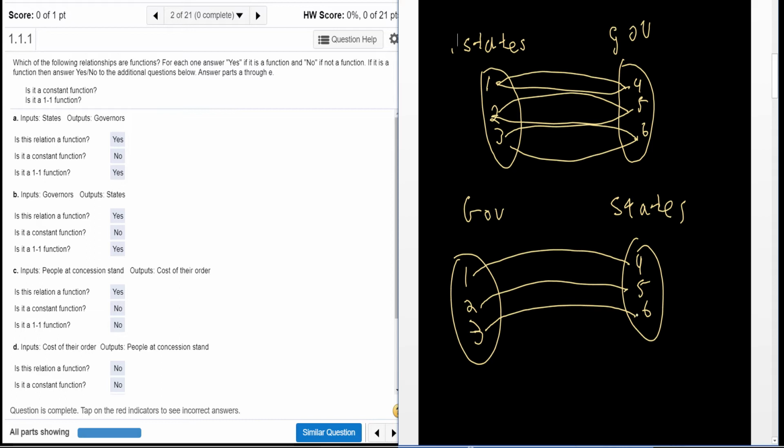Okay. So yes, this particular type of relationship here is a function. Is it a constant function? Does each governor have the same state? No. Is it a one-to-one function? If we map it back, we see that each state has one governor. So it is a one-to-one function.